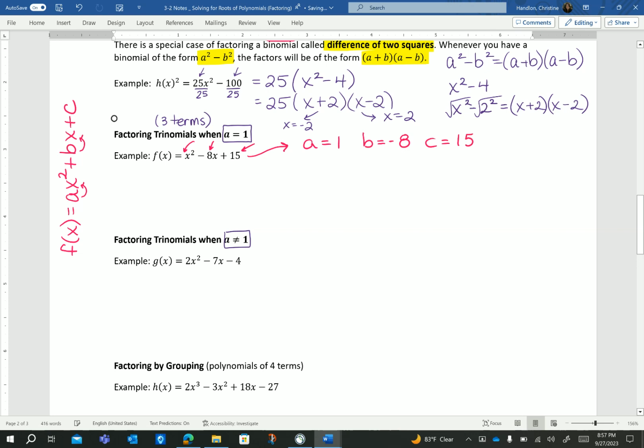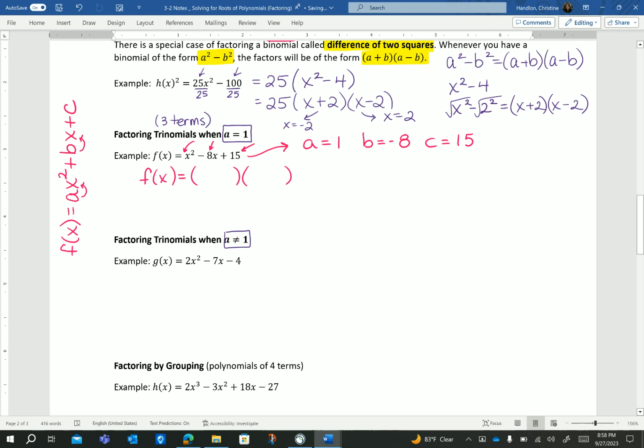Okay, so that's the first thing you will do if you have to factor a trinomial. Now, what I'm trying to do is figure out how to rewrite f of x in factored form. So what times what gives me x squared minus 8x plus 15. It's reverse distribution in essence, okay?